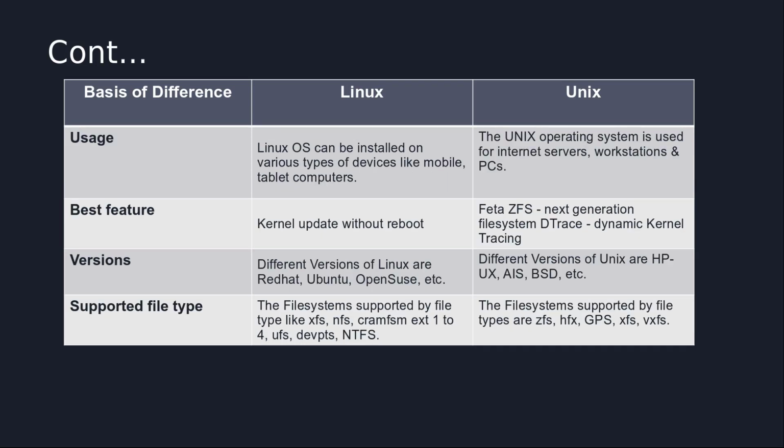Now for usage. Linux can be installed on various devices like mobile phones, tablets, computers. Like I said, if you want to install Linux, you can use either your Mac or your PC to do that. If you want to keep your current OS, but you want to install Linux, I would recommend using a virtual system.